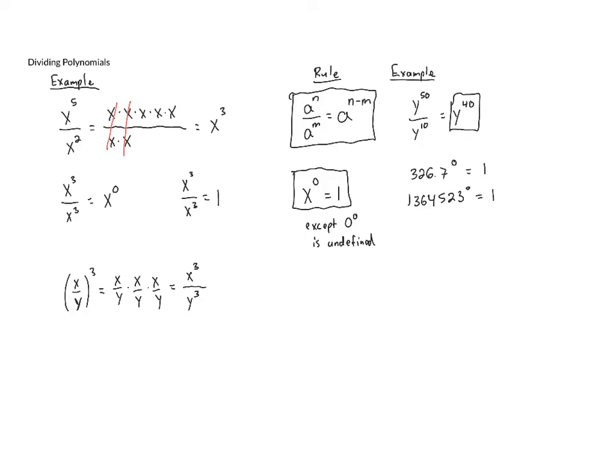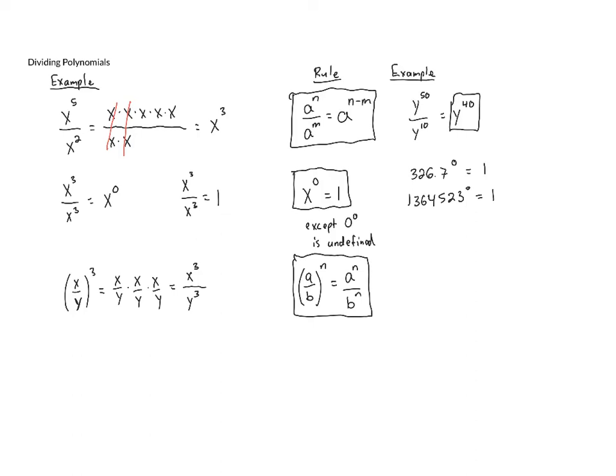And that is our third rule of the day. If we have a fraction being raised to a power, we can distribute that power into the numerator and also the denominator. We don't have to write it out as a repeated multiplication.